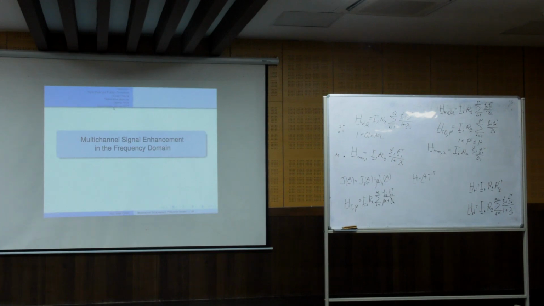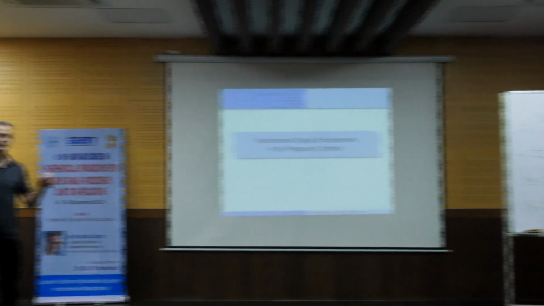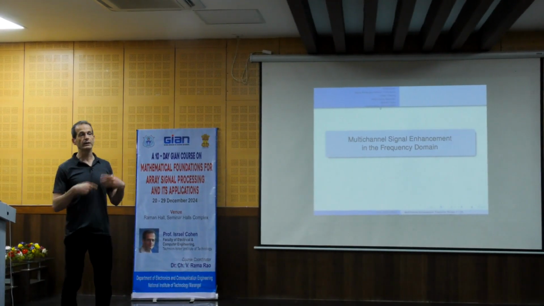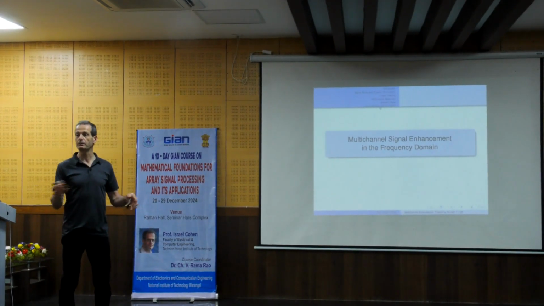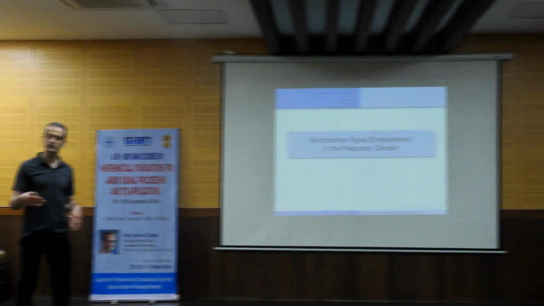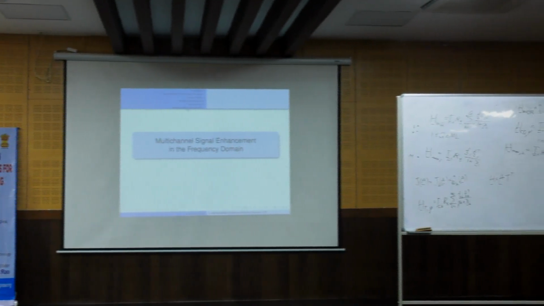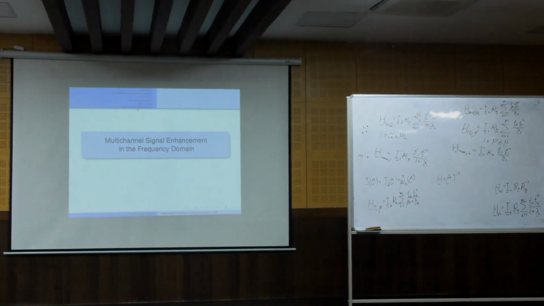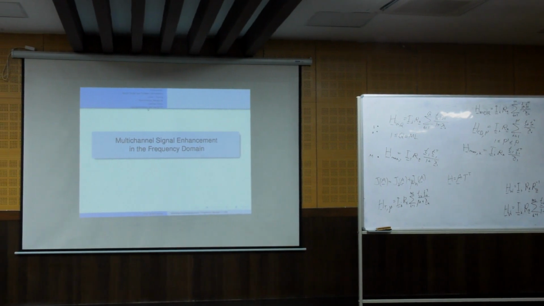If we have two different sensors, we will use the correlation between the frequency components of these two sensors. So we are able to do spatial filtering in addition to filtering in the frequency domain. Questions? Okay.